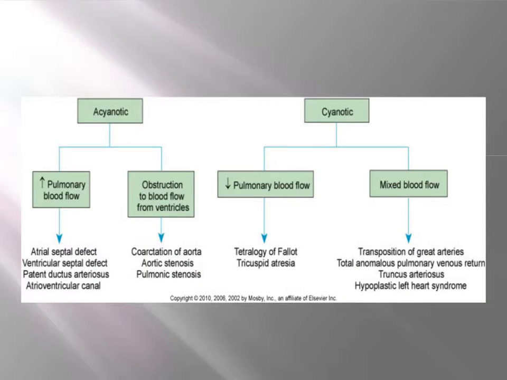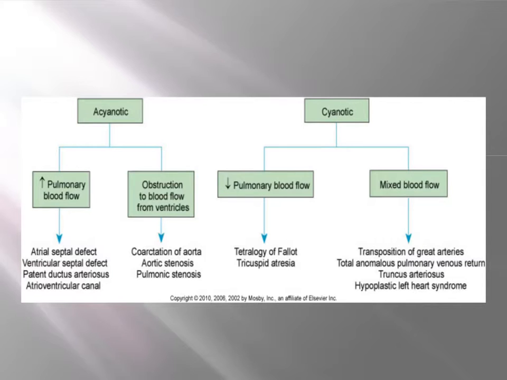Okay, so getting back into our different types of disorders, we have those 4 major categories, right? They also can be broken down into 2 other categories. We have acyanotic and cyanotic. Under the acyanotic category, you have issues that increase pulmonary blood flow, and then you can have issues that cause obstruction to the blood flow.